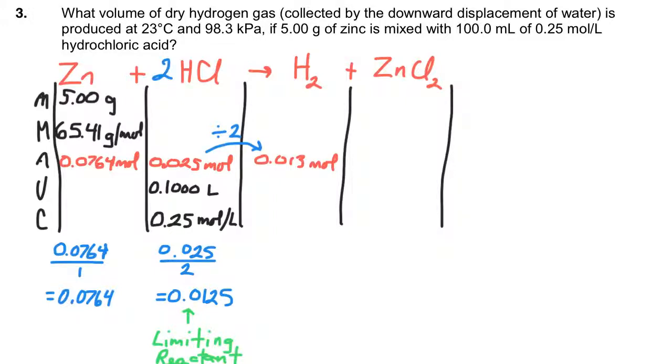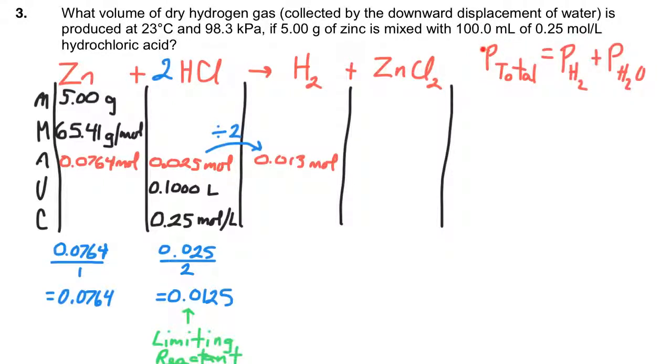It's asking for what volume of dry hydrogen gas collected by the downward displacement of water is produced at 23 degrees Celsius and 98.3 kilopascals. So because the question says that the gas is collected by the downward displacement of water, that tells you that this is a question that involves partial pressures.